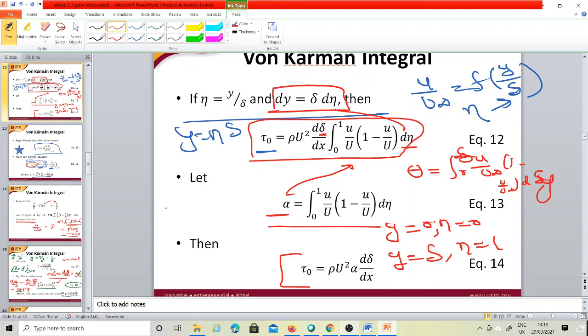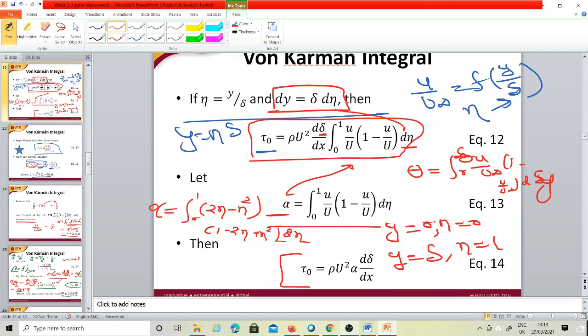So it means that alpha is equal to the integration of u by U, which is, as I said, 2 eta minus eta square, multiplied by 1 minus 2 eta plus eta square, then integrate.